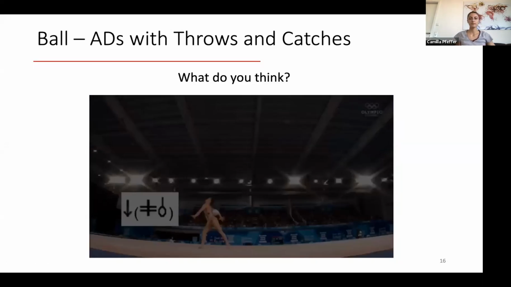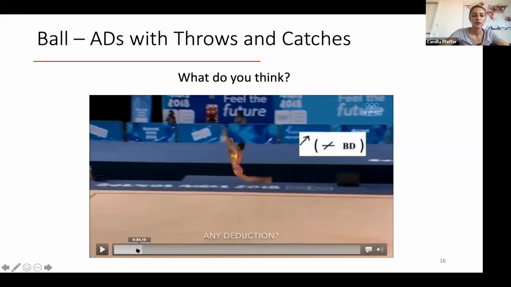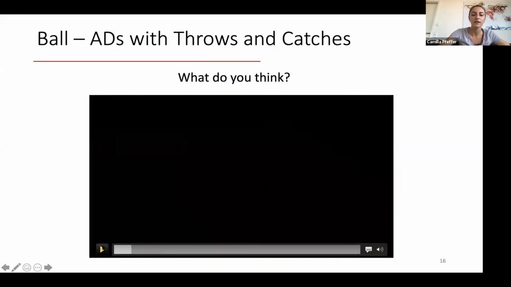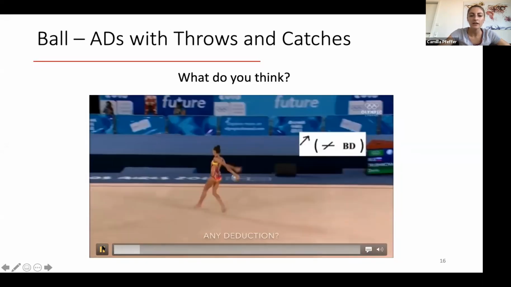Any opinion about this? Rupali ma'am? Well, it is not clear to me in the video, but I think she's catching unseen without help of hands. She's raising her leg. Is it? She's throwing under the feet. Under the leg? She's throwing under the leg.